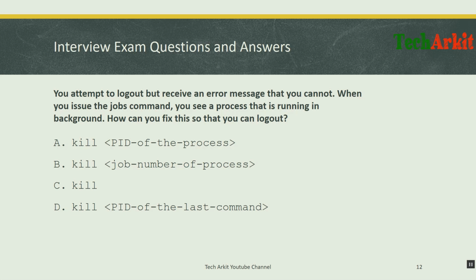The options are kill PID of the process, kill job number of the process, kill PID of the last command. Kill always uses the PID, so you have to use the PID of the process running in the background. You kill that, then you can exit or log out, and it will work.